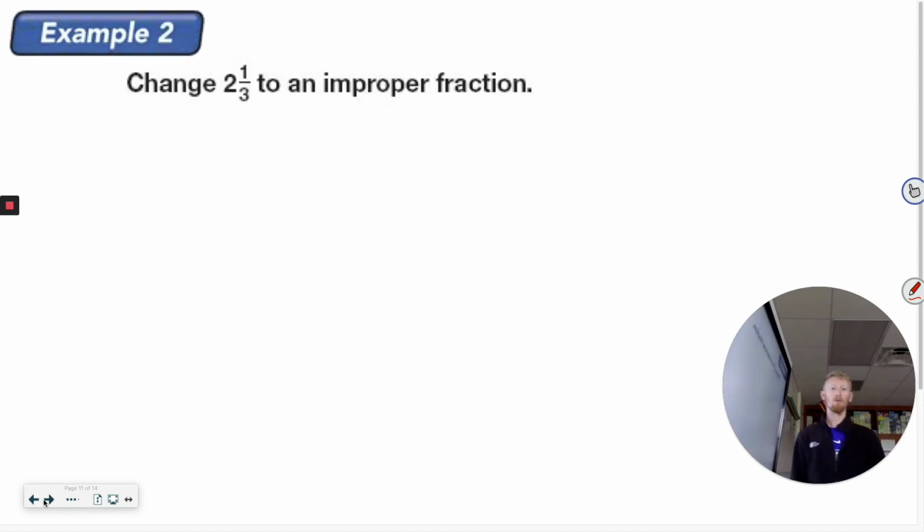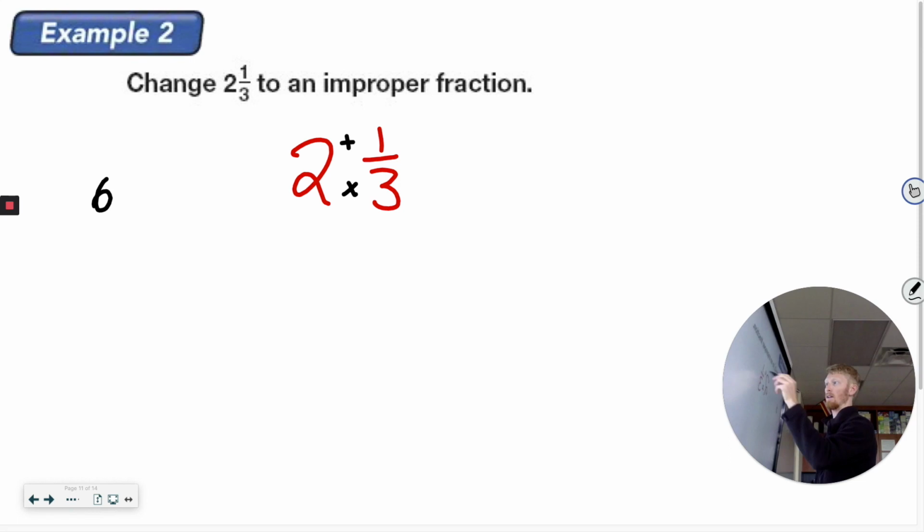Let's try another one. You have 2 and 1/3. The way I like to think of it is you multiply down here. So 2 times 3 gives me 6. And then you add. So 6 plus 1 gives you 7. And then keep the same denominator, 7/3.